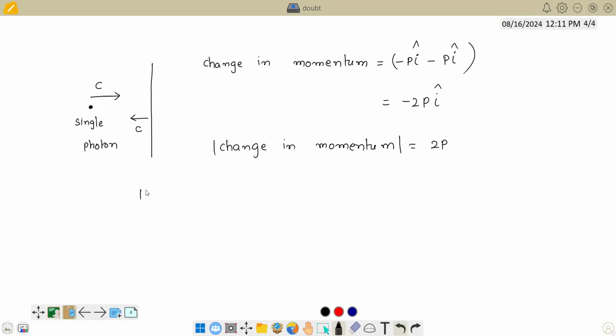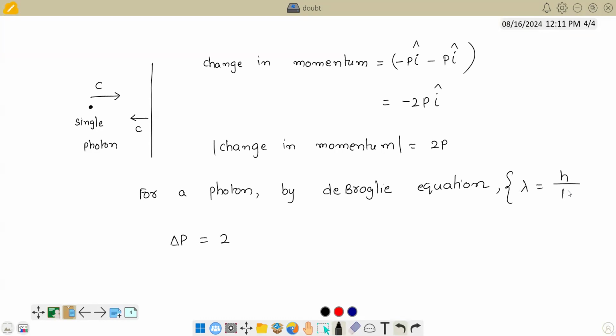We know for a photon, by De Broglie's theory, lambda equals h by momentum.